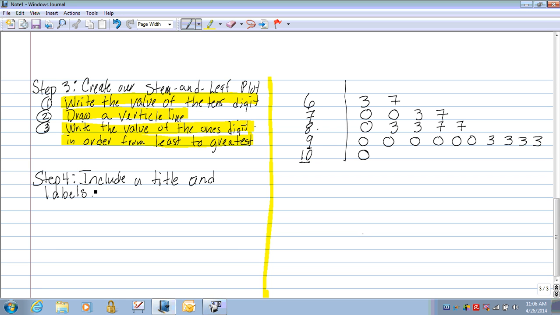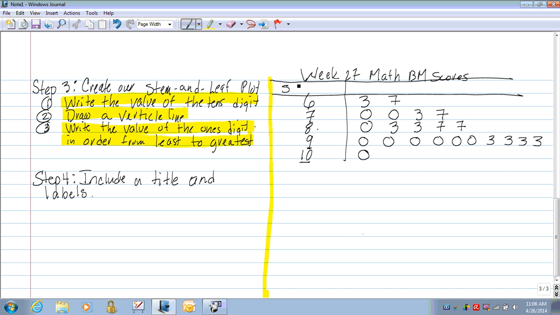So this stem and leaf plot is about our week 27 math benchmark scores. And the left column is our stem, and our right column is the leaf.